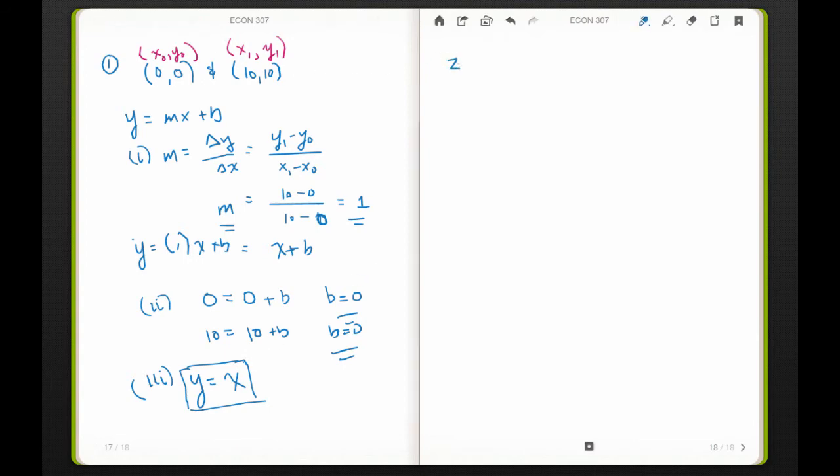So now let's go to this second group of ordered pairs that we were given, (15, 1) and (10, 4). So again, we can write this out. If it's going to help us, we can say that this is our x0, y0 ordered pair, and this guy is our x1, y1 ordered pair.